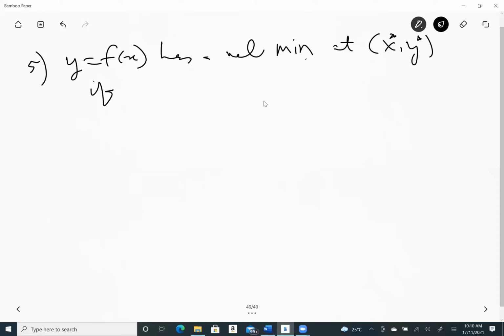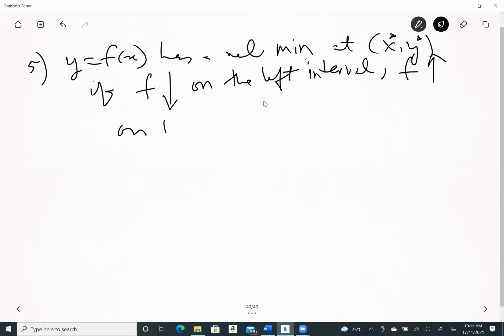If the function is decreasing on the left interval, and the function is increasing on the right interval. So left, right means the reference point is the critical point.